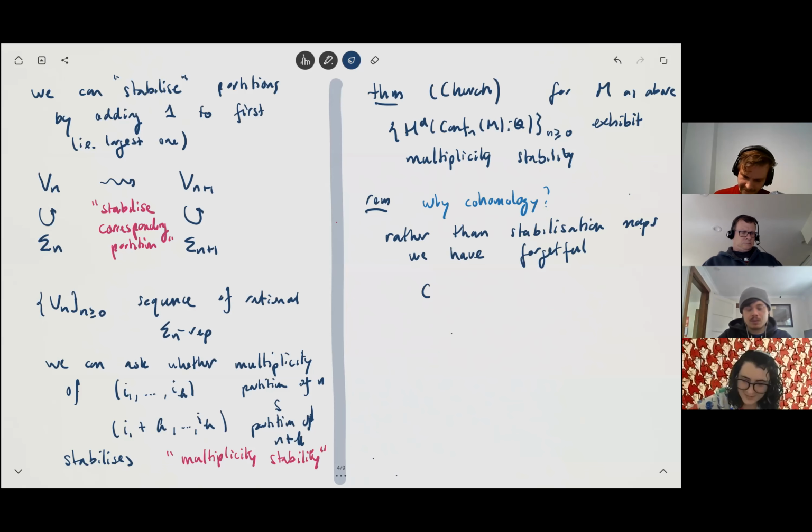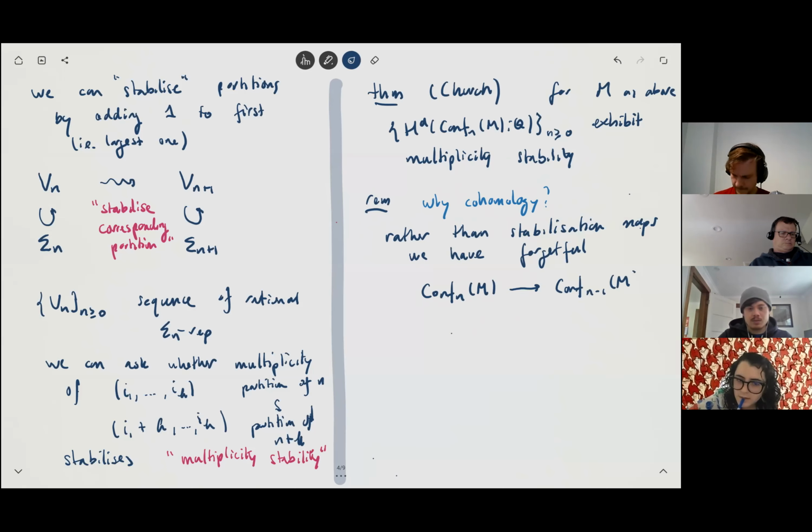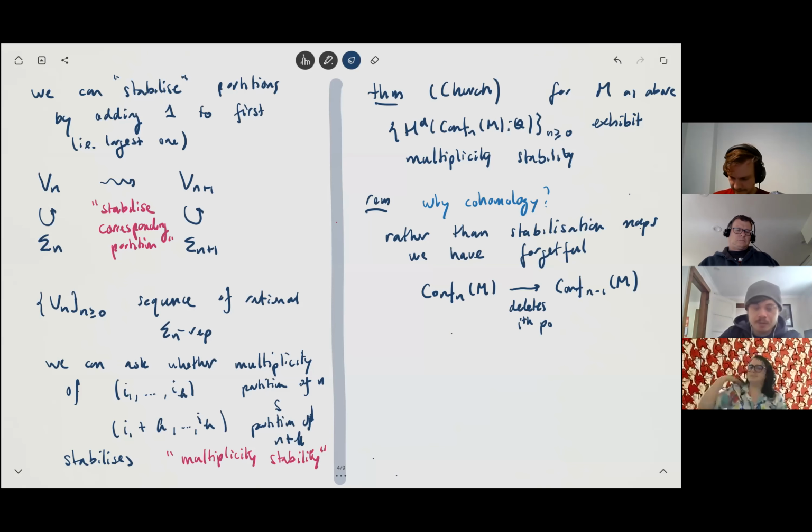You see, what you can define on the configuration space of ordered points is a map which deletes or forgets the ith point. This doesn't make sense for the unordered ones because there is no ith point. You've quotiented out by the ordering, or by the symmetric group changing the ordering. But here it does make sense.